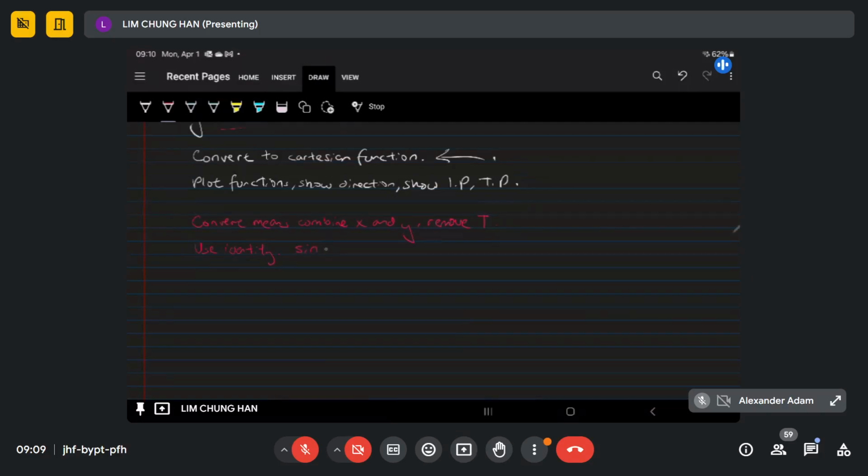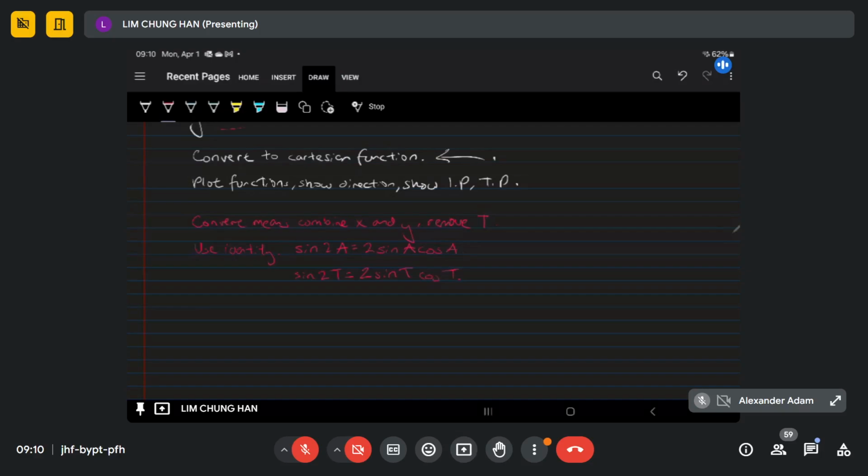I just copied directly from the identity just now. So a is basically t. So you can rewrite sine 2t equals 2 sine t cos t.